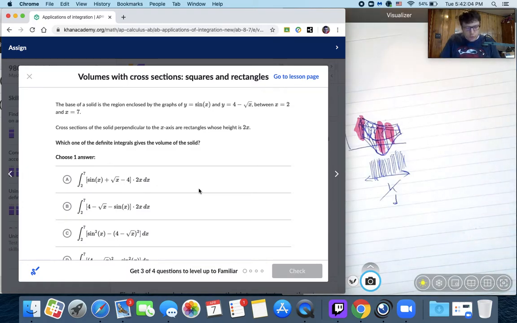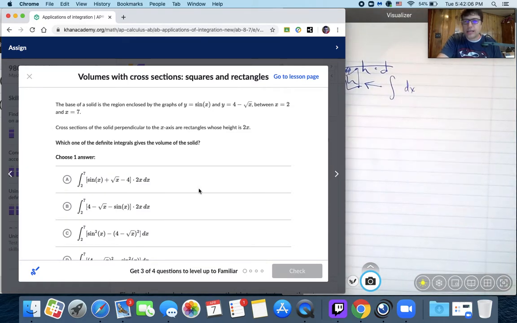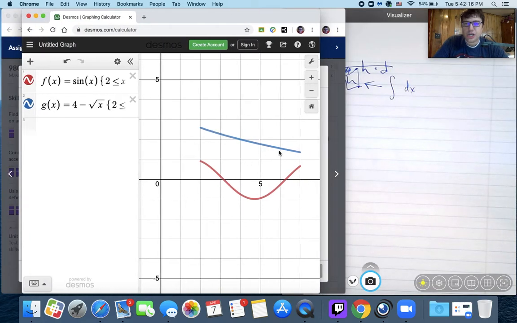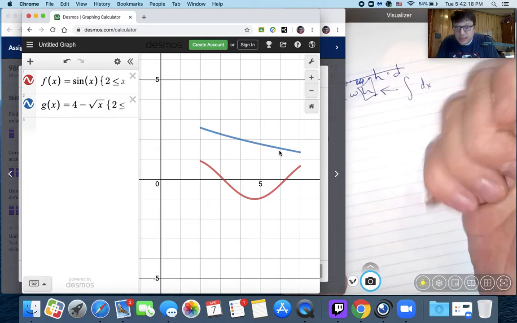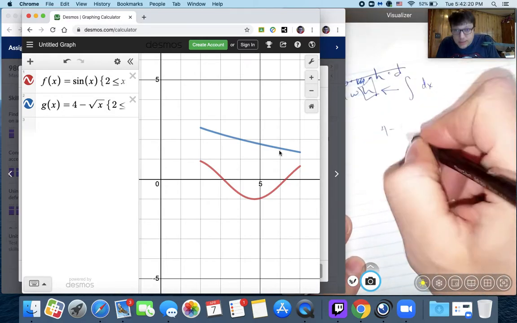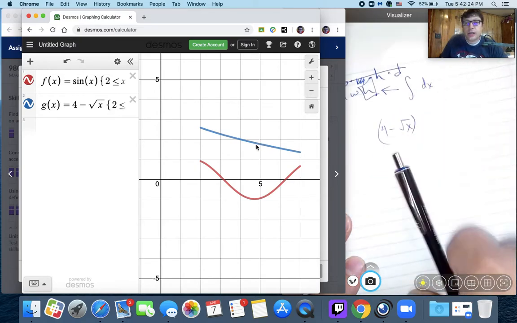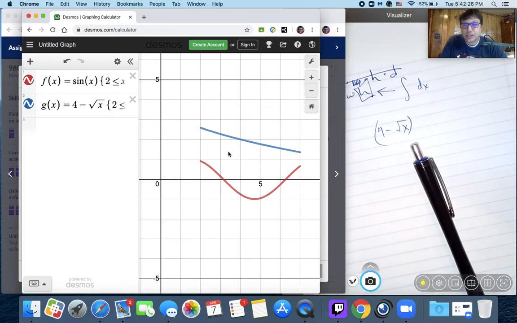When I drew this sketch, or when I looked at it with Desmos, there's this top function and this bottom function. The top function being g of x, so that is 4 minus square root of x. And it's contained to the x-axis.